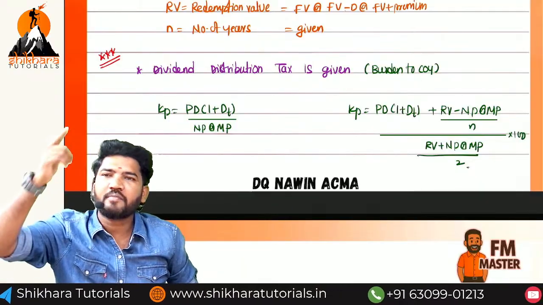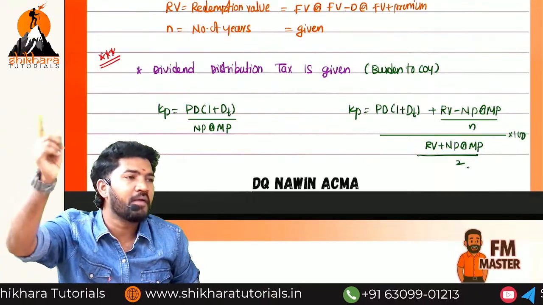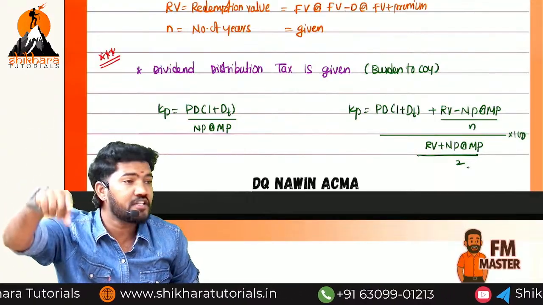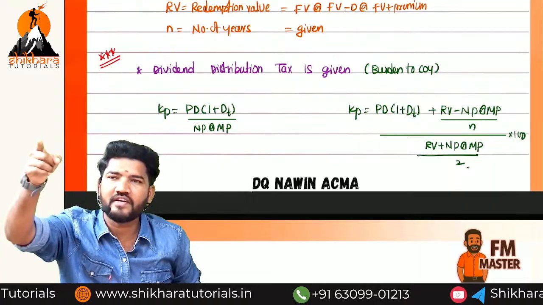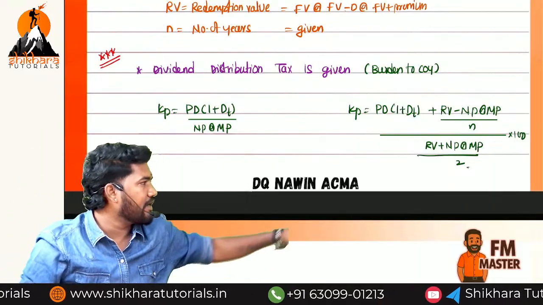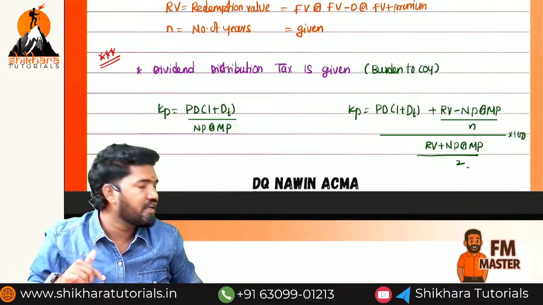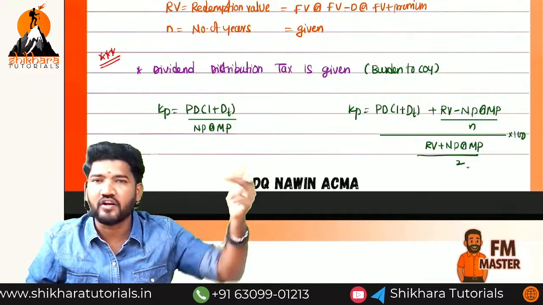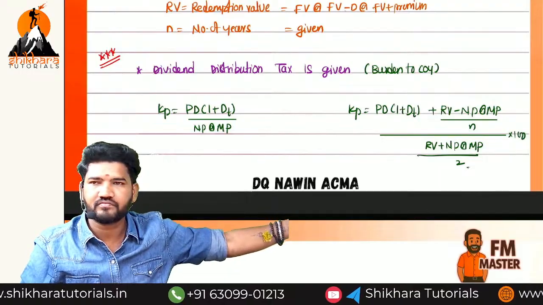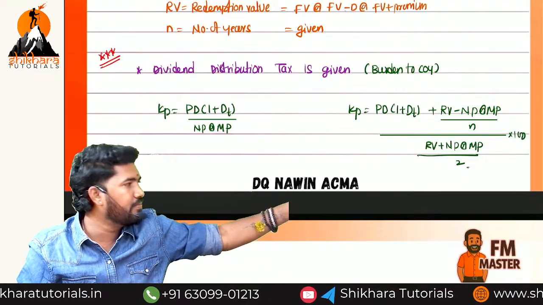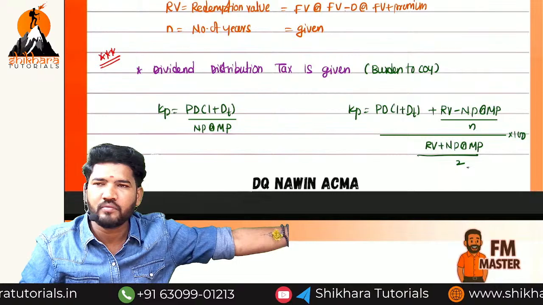When it comes to interest, it is a burden to the company, that's why the government provides a benefit. But dividend distribution tax is something the company needs to pay. Because of payment, it is a burden. So that's why I am adding it to the preference dividend.